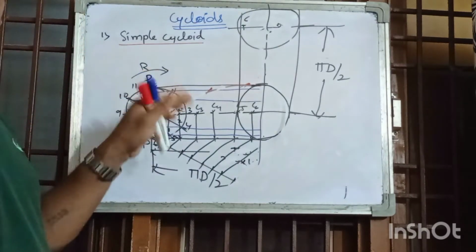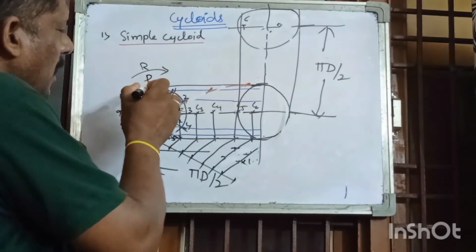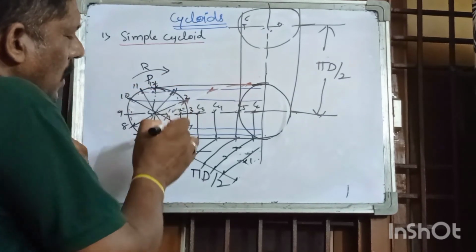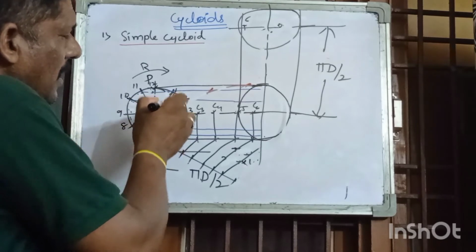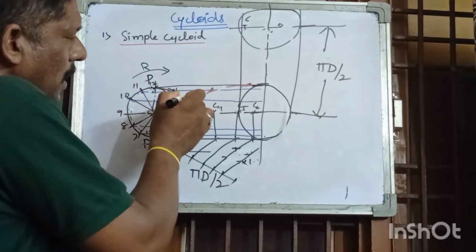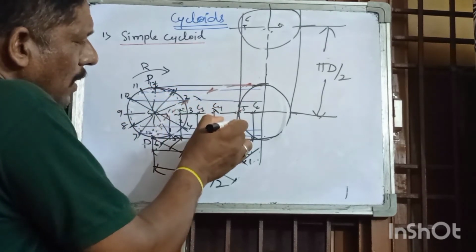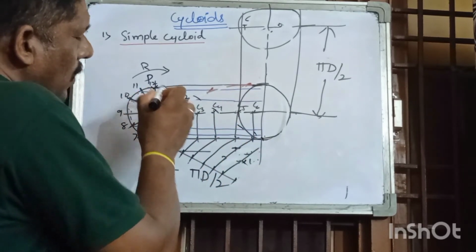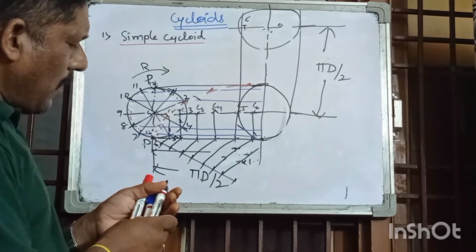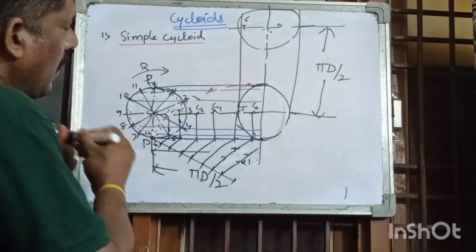So these are the numbering. Then, starting from point P, take the radius of the circle once again, with C1 as center, and cut the first point. So first point, second point, third point, fourth point, fifth point, sixth point. If you join all these points, you will get a curve like that.